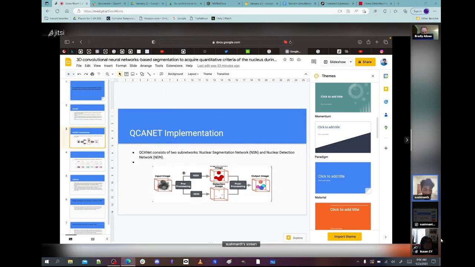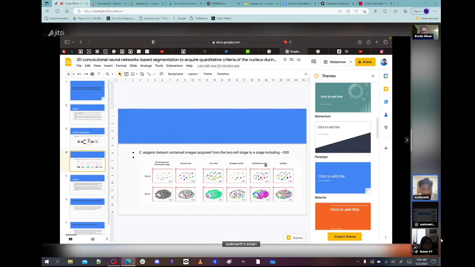After post-processing, we will get a 3D segmentation like this. These are photos from the paper only. These are implemented for C. elegans, with ground truth. They trained the model and compared it with ground truth. We don't know the ground truth, but they used some open source platform to get the ground truths.